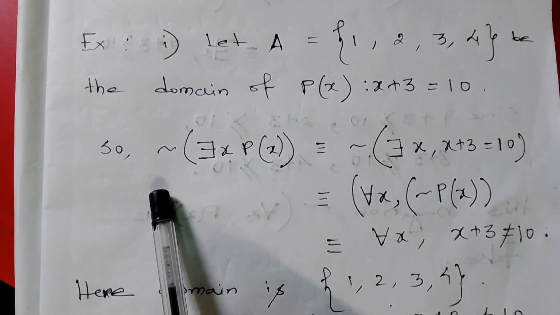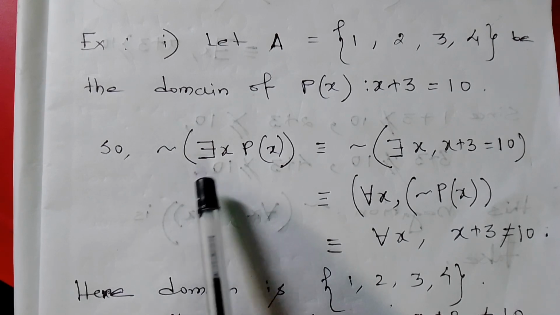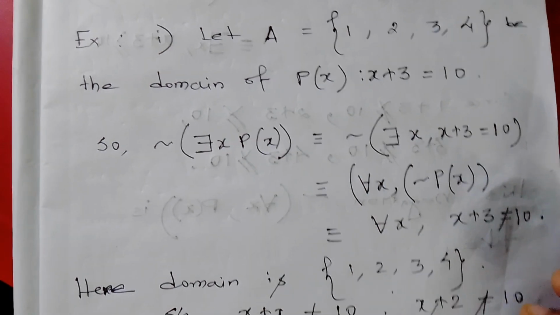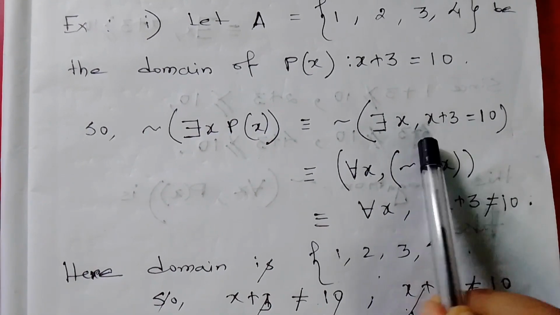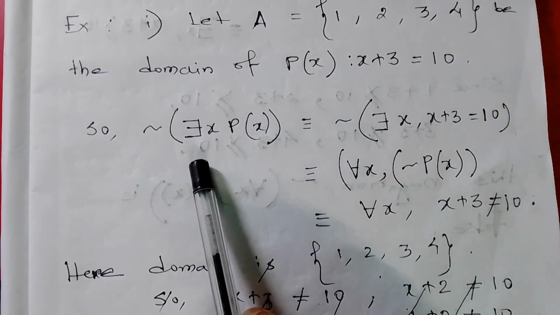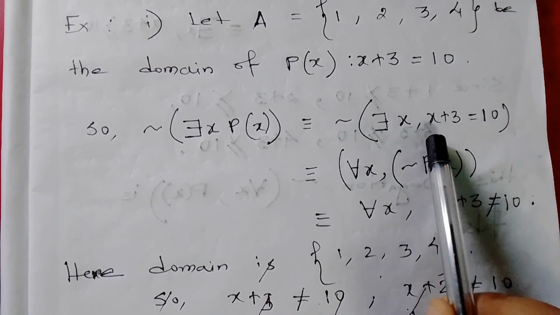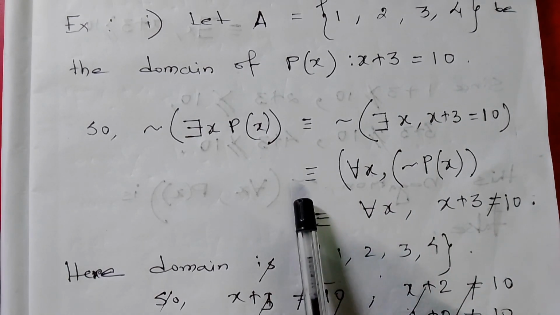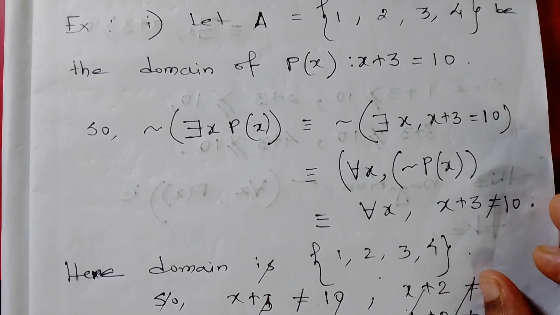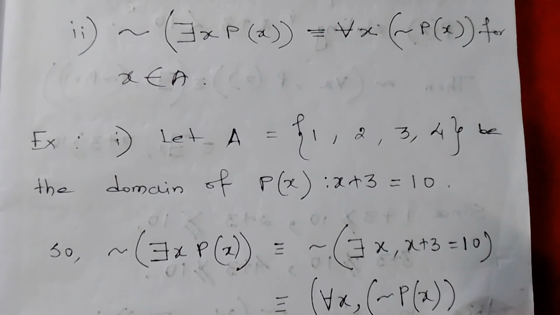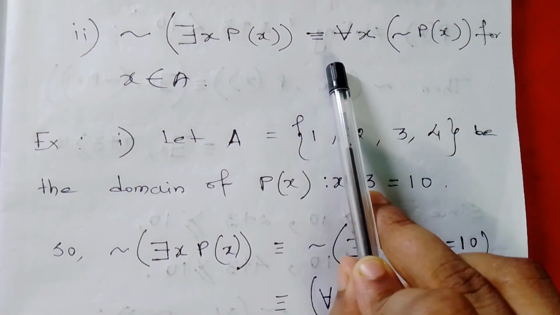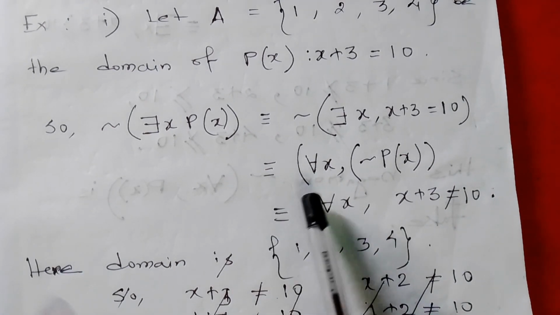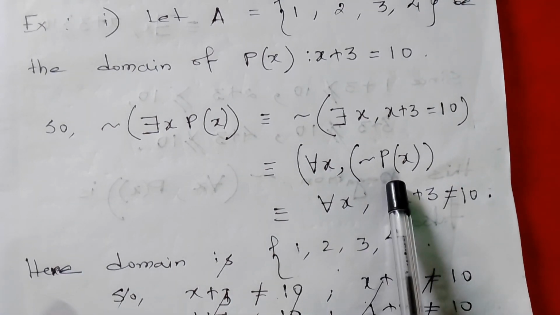The negation of the existential quantification of P(x) has logical equivalence, from the second formula of negating quantification, with the universal quantification x of negation of P(x).